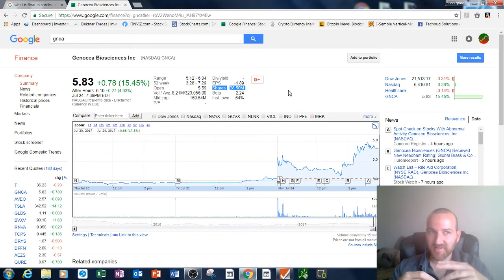Same thing when there's bad news out, people start selling it, and the stock price will drop really fast. So when you're looking for stocks to trade, at least penny stocks, one of the main things you're looking for is a low float stock.